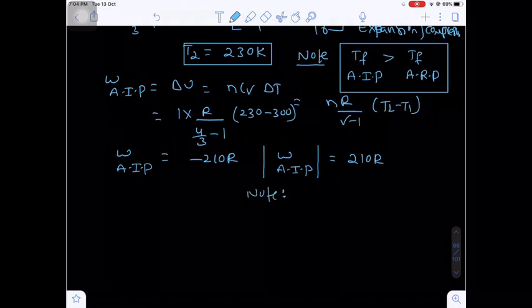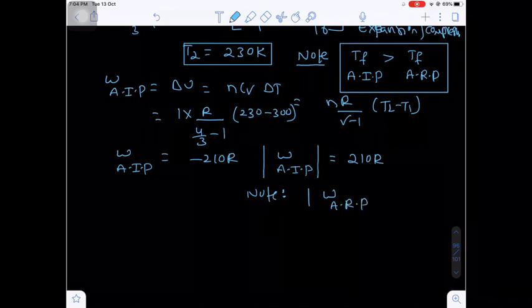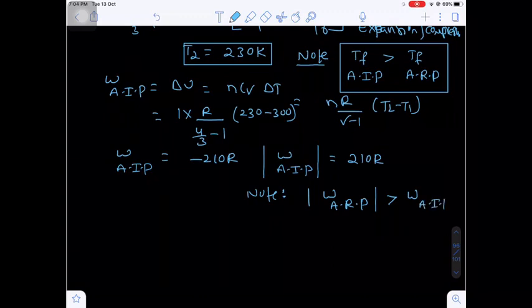What is the important note I am writing here? The work done in an adiabatic reversible process is greater than the work done in an adiabatic irreversible process. Condition applies for expansion.